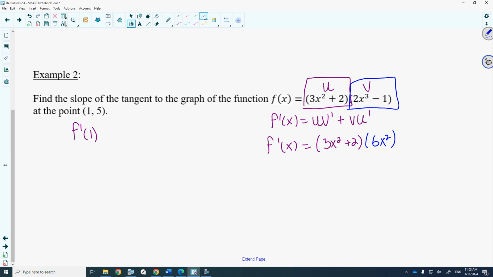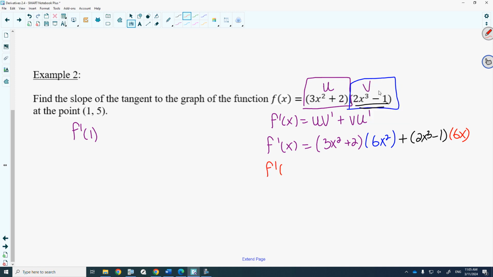So there's your uv prime plus v, the second function, times u prime, which is 6x here.